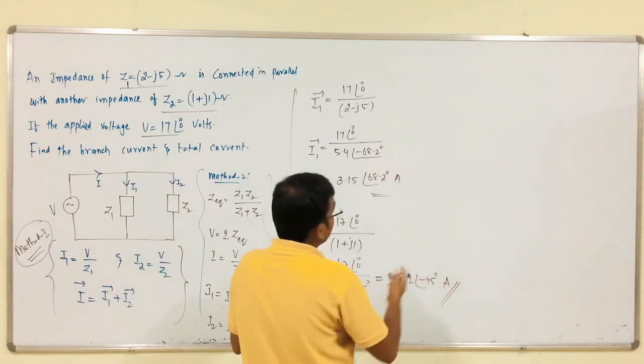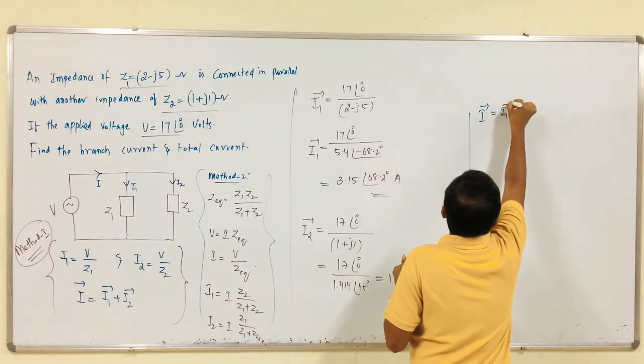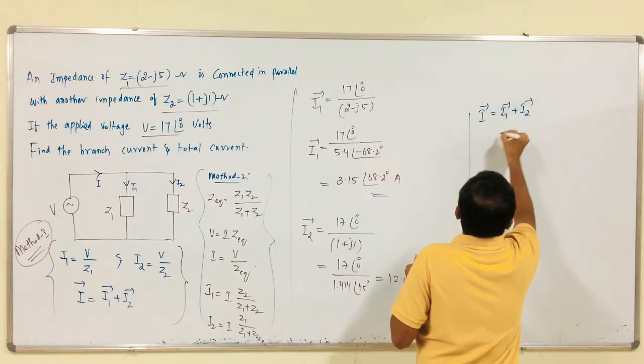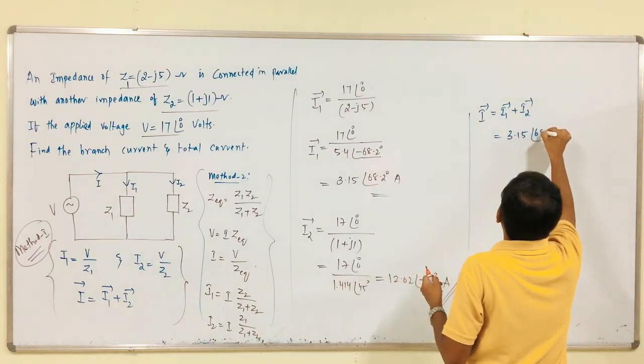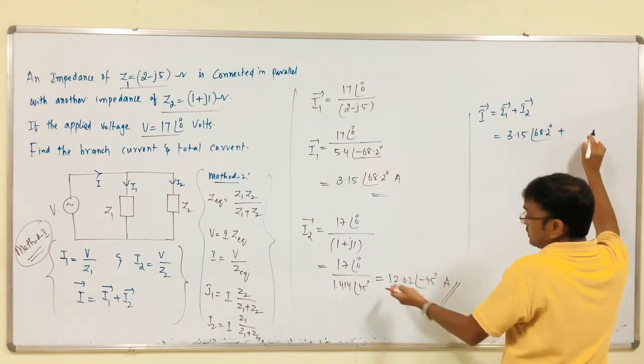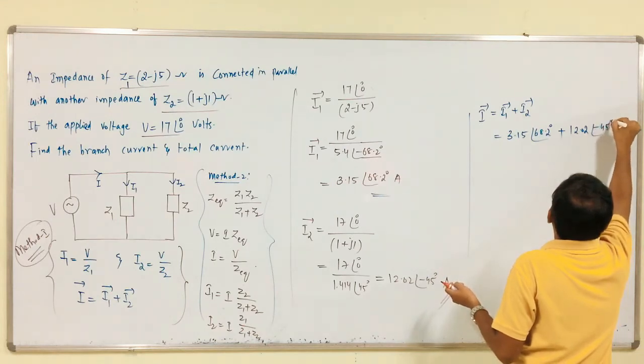So, this is I2. So, finally, total current, which is nothing but I1 plus I2, which is equals to 3.15 at an angle 68.2 plus 12.02 at an angle minus 45.